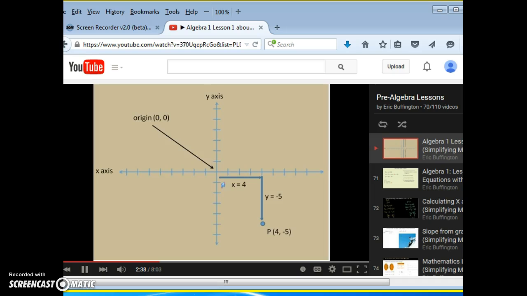So our last point, if you remember, was a positive 4 because we moved to the right. When we're moving up and down on the y-axis, moving up is positive y values and moving down is negative y values. Again, we saw that with our point that we had labeled that we went down along the y-axis, and therefore it was a negative value.